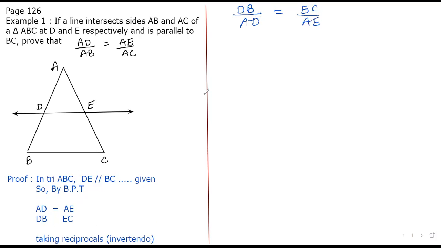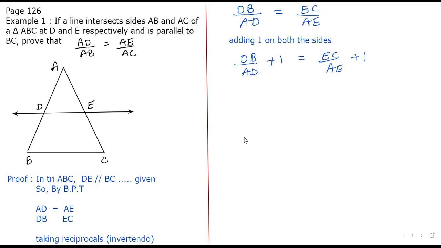Because I want the whole, I need to add 1 on both sides. So how are you going to add 1 on both sides? DB upon AD plus 1 is equal to EC upon AE plus 1.